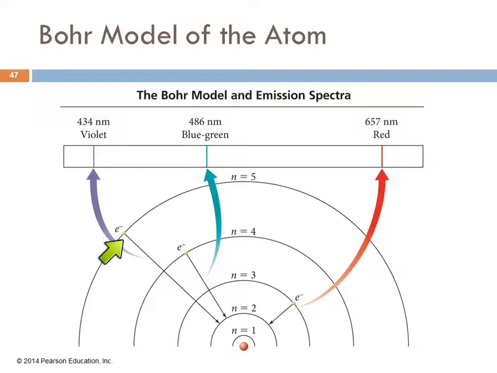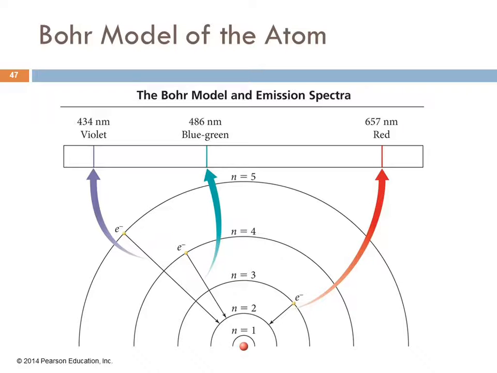The electron can be in level 5, and when it goes down to level 2, the energy change is equal to this, and it shoots out a photon of light of that energy. The blue-green line that we see corresponds to a transition from 4 to 2, and the red one corresponds from 3 to 2. Now, there are other transitions that are occurring, but the energy difference between those may not fall within the visible light spectrum, and so then we wouldn't be able to see it, but they could still be happening.